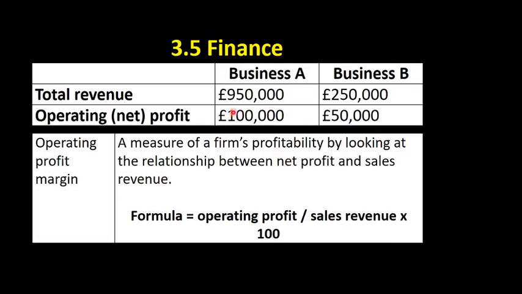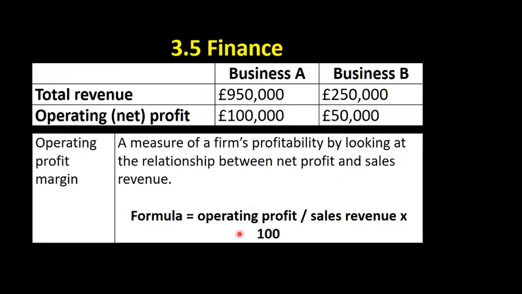Business A looks like it's made twice as much money as business B, and in raw number terms, it very much has. But when we start to consider the fact that business B only made £250,000 in sales revenue, and they managed to turn 50,000 of that into profit, business A sold much more and didn't turn as much proportionally into profit as business B did.